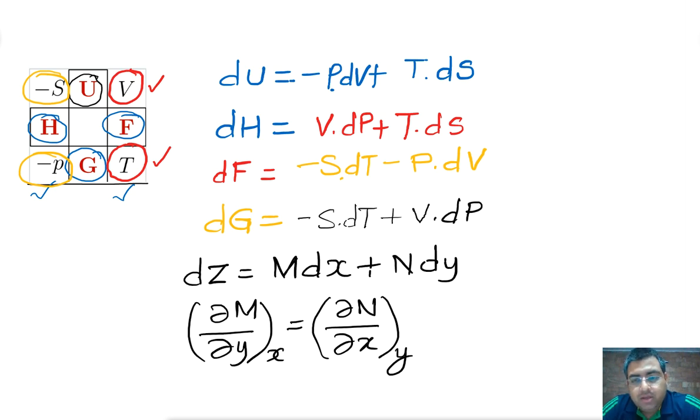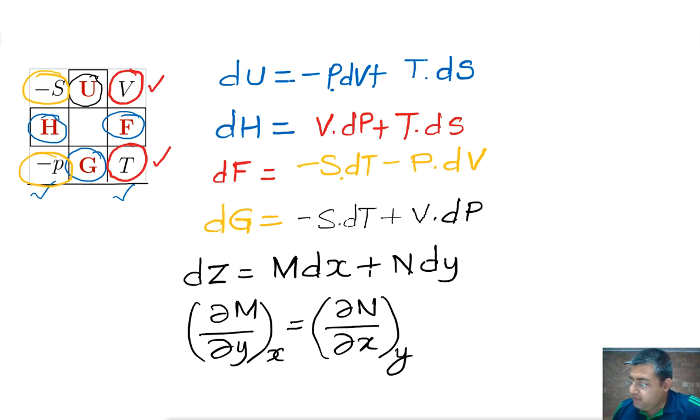Okay, so here I won't be explaining all of the Maxwell equations. I'll be taking an example so that you can see how to derive the partial differential form of Maxwell equations. So here I'm taking the first example, which is du is equal to minus p dv plus t ds.